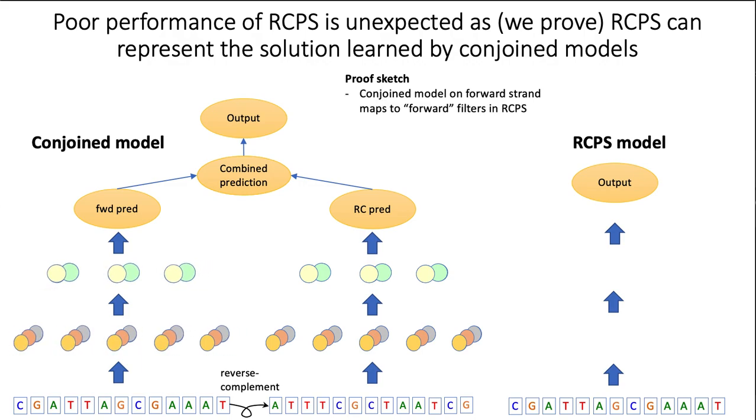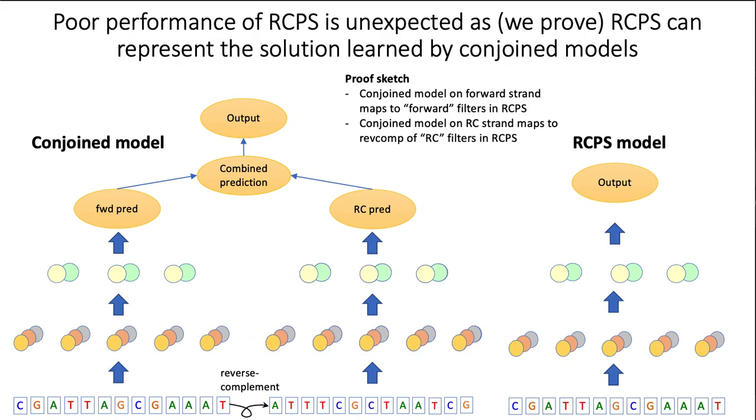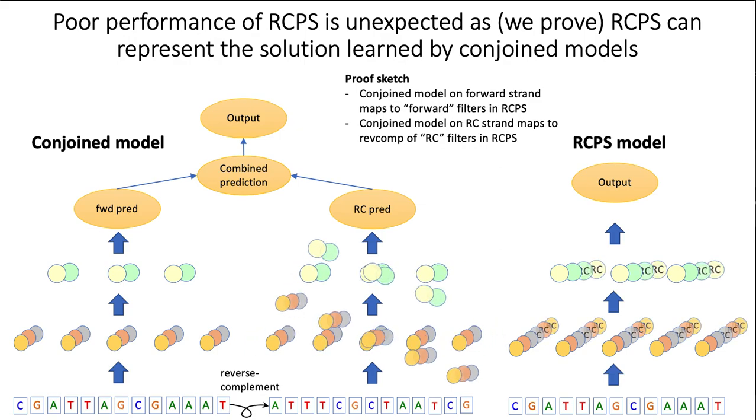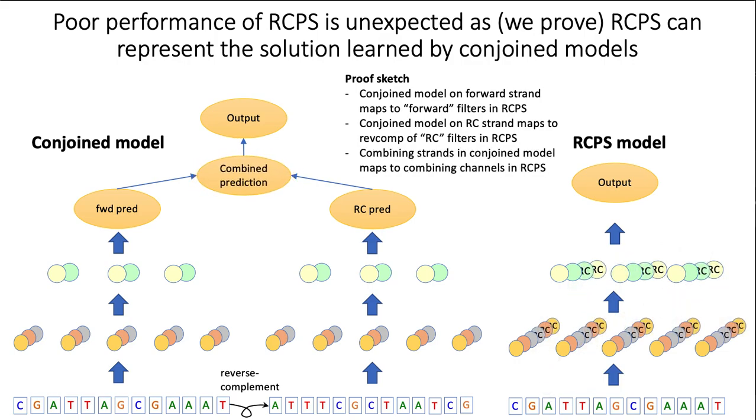What happens is that the activations of the conjoined model on the forward strand become the forward filter activations in the RCPS model, while the activations of the conjoined model on the reverse complement strand become the RC filter activations in the RCPS model after applying a reverse complement operation. Finally, the act of combining the predictions across the strands in the conjoined model maps onto the step where the forward and RC channels are combined in the RCPS model to give the final output.